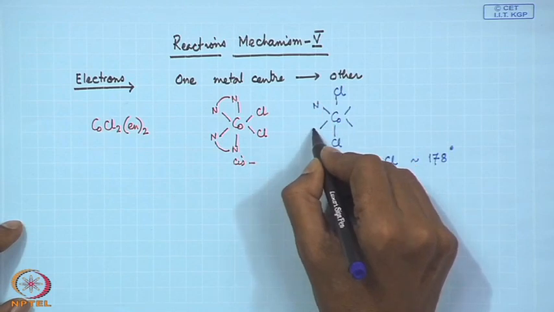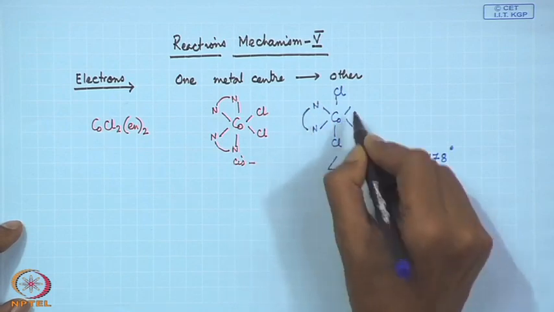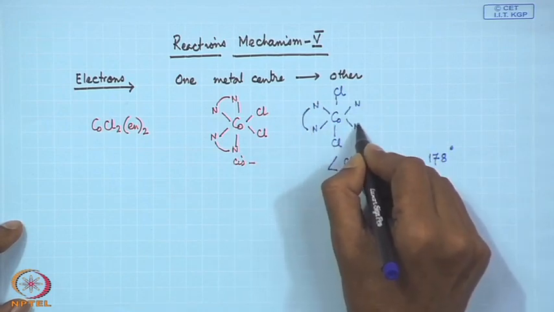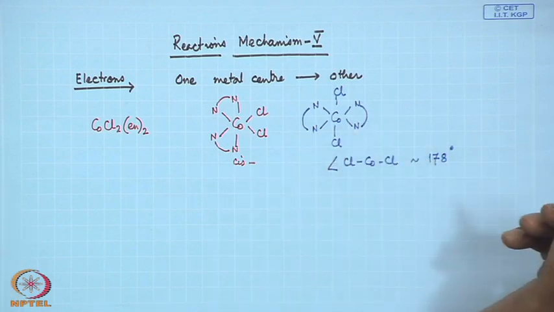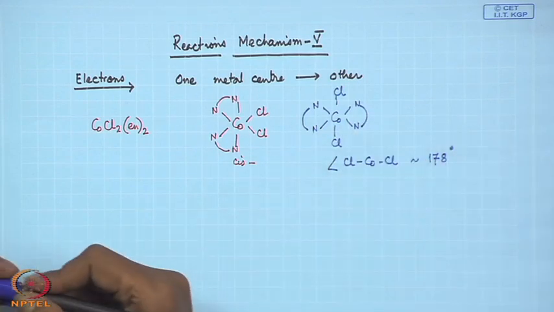Here these 2 ethylene diamine chelating ligands remain in this particular fashion.